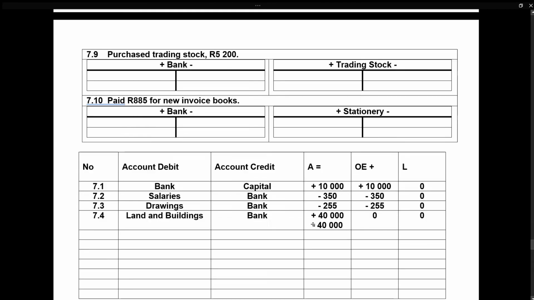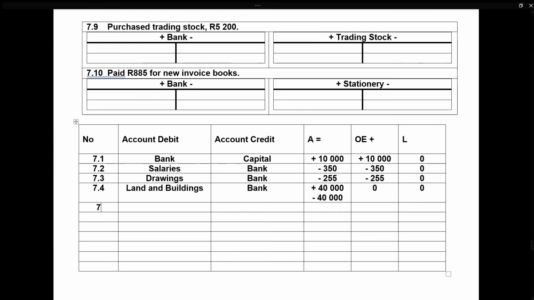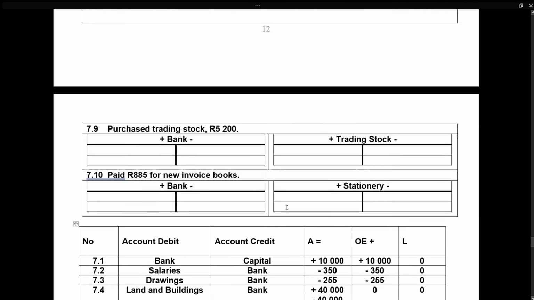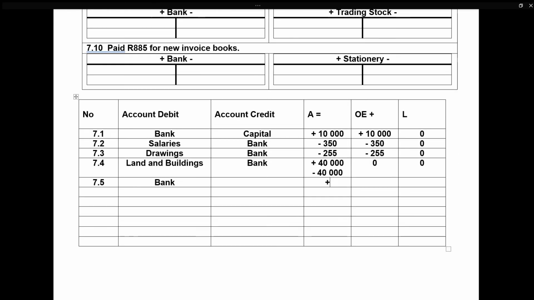Let's go and fill it in. Right, so bank is being debited because I'm receiving money. It being an asset will have a positive influence on my assets. I just need to double check the amount. So plus 1,580 Rand, and then current income.